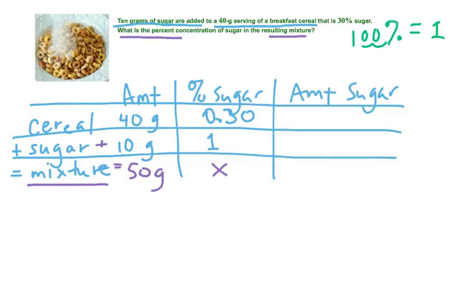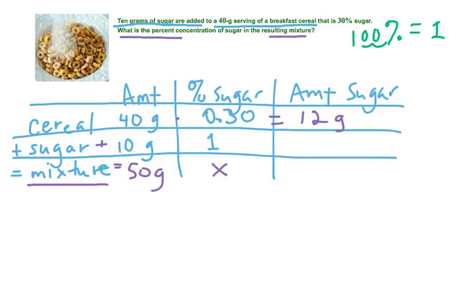If I multiply 40 grams times 0.3, I get the amount of sugar. It should be roughly a third of 40 grams, so roughly 13 grams. I multiply 40 times 0.3, and I end up getting 12 grams of sugar. So in my 40 grams of cereal, 12 grams of it is sugar.